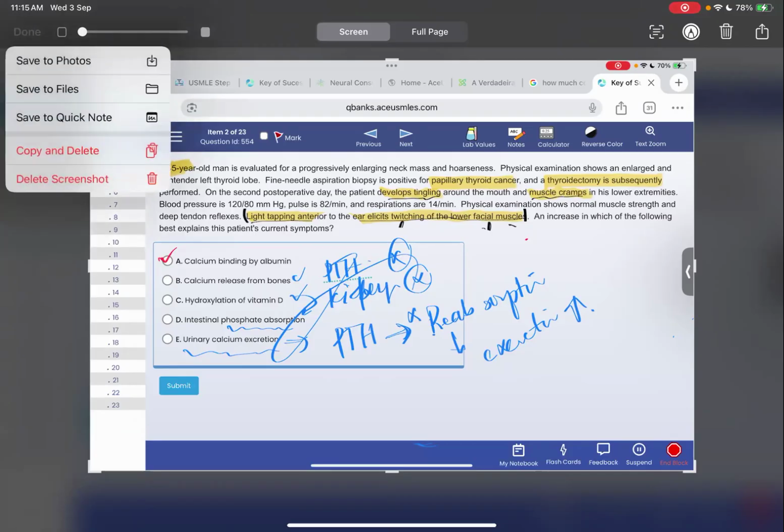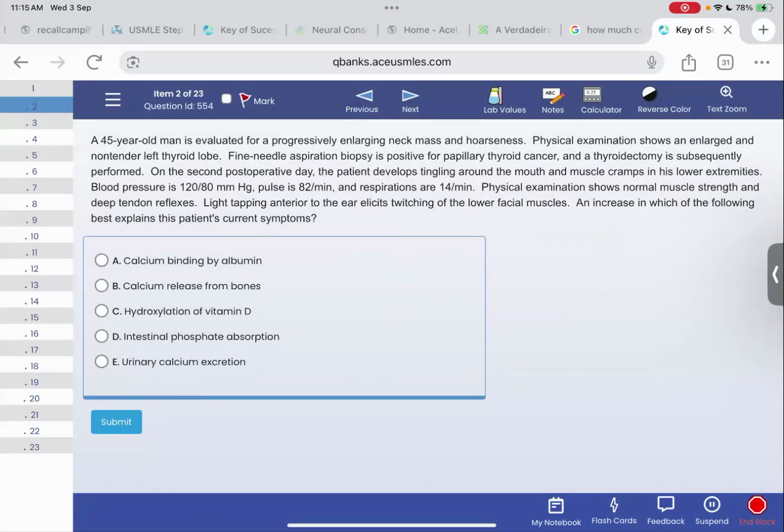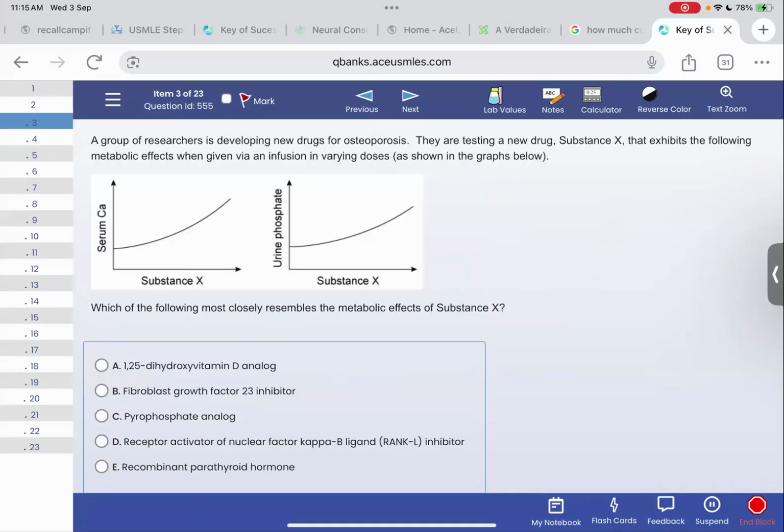So let's jump to another MCQ. Here we have: which of the following most closely resembles the metabolic effect of substance X? We have two boxes here, substance X, which has serum calcium and urine phosphate.